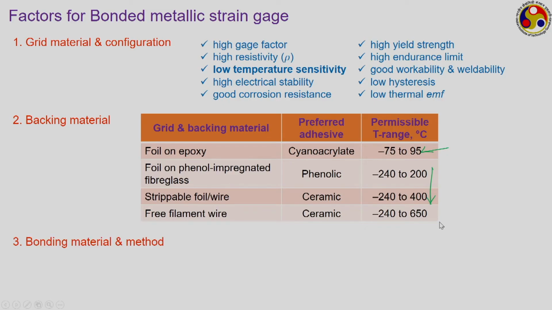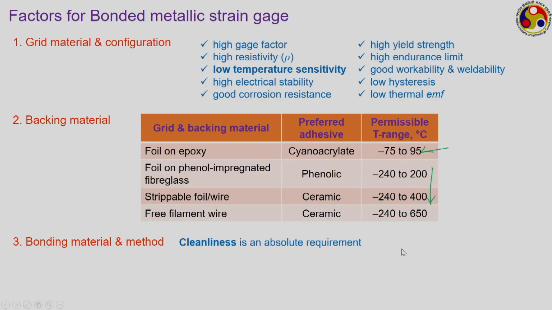Bonding materials and methods. Now, bonding materials definitely matter, meaning how you are connecting the grid material to the backing. There are several kinds of common bonding materials available, and generally all of them provide a similar kind of performance. However, one parameter that is of utmost importance is the cleanliness of the measuring site.